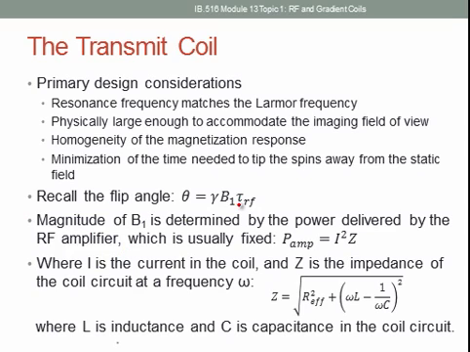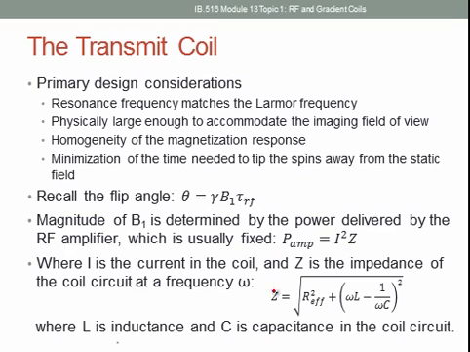So remember the flip angle equation here: gamma B1 tau, where tau RF is the time that the RF pulse is on. And the magnitude of B1 is determined by the power delivered from the RF amplifier to the coil, where the power, and again, this is a basic equation from basic circuit theory, is I squared R. But now we're in an AC situation, so our R is replaced by the impedance.